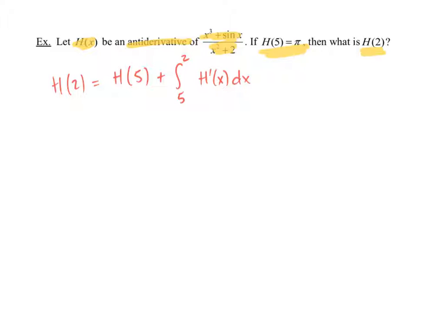So this is going to become h of 5, which is pi, plus the integral from 5 to 2 of x cubed plus sine of x over x squared plus 2 dx. And this was a calculator active question, so I would use my calculator to evaluate this integral and then add pi to it. And the final answer that I would get is negative 5.8666.